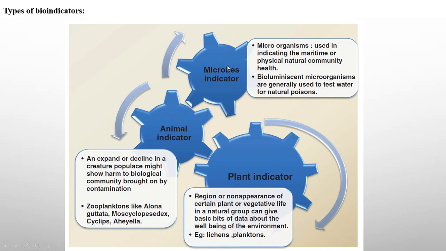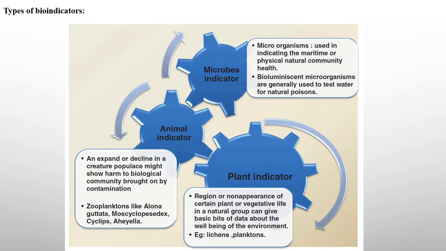Finally, the microbial indicators. Microorganisms are often used as health indicators of aquatic and terrestrial ecosystems. Due to their rapid rate of growth and their abundance, they are easy to test and readily available for environmental assessment. For example, bioluminescent bacteria in the marine environment can be used as a bioindicator.